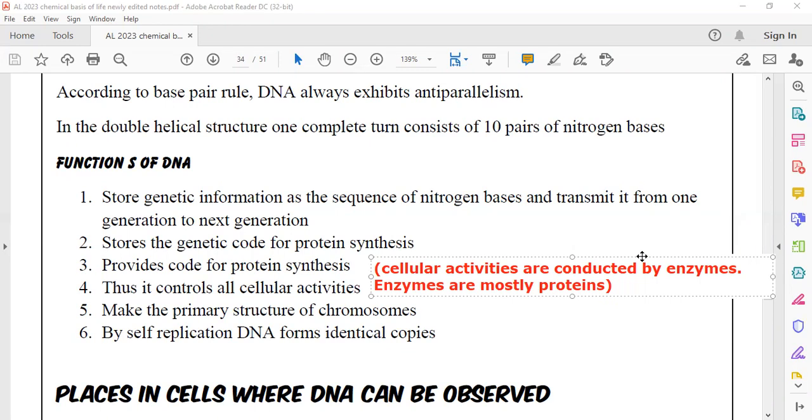Because the gene for that enzyme has a wrong nitrogen base sequence. Because it has a wrong nitrogen base sequence, what is coming as protein is not that enzyme.